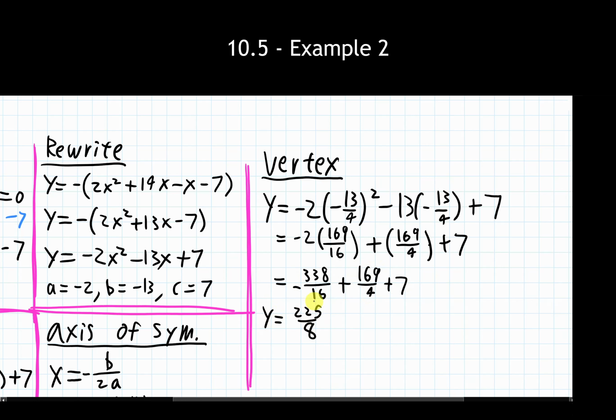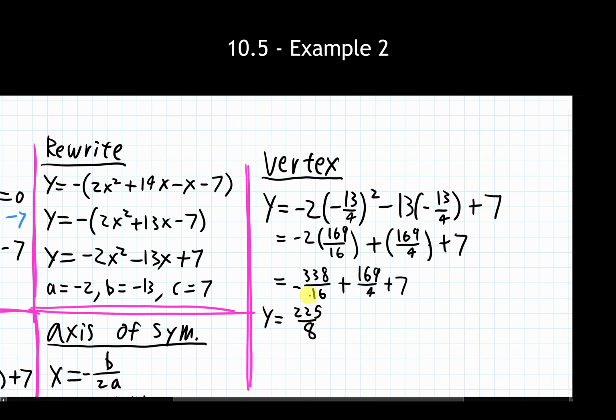And so we now have our y value for the vertex, this 225 over 8. It's a really gross number. And again, you're welcome to use calculators along the way with these problems. I highly recommend you do that because these things get gross. I'm just going to list that in there.